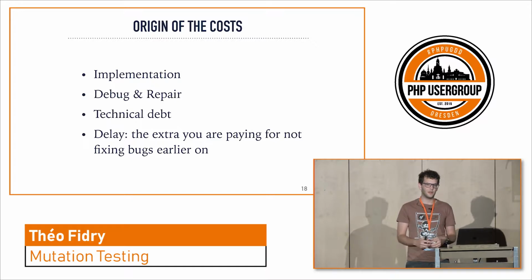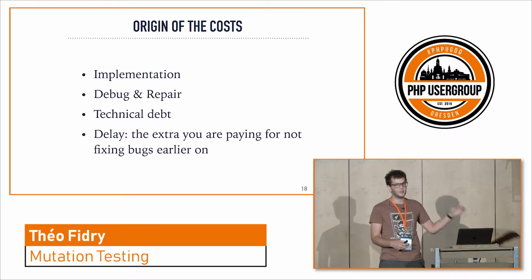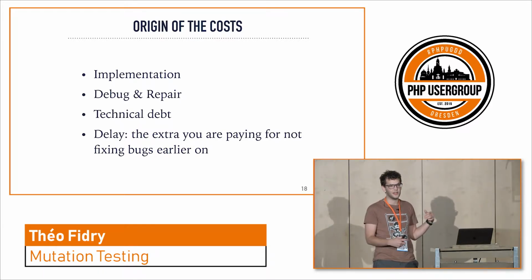So if we take the graph from before, if that bug was discovered during the QA phase, you have that cost, whereas if you discovered it during the dev phase, it would be cheaper, and that difference of cost is the cost of delay.